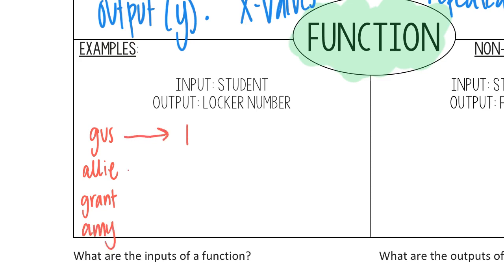Gus goes to locker 1, Allie goes to locker 2, Grant goes to locker 3, Amy goes to locker 4. Each person, each input, has a unique output. In other words, Gus does not go to locker 1 and locker 2. If Gus went to locker 1 and locker 2, that would not be a function. So this is an example of a function.